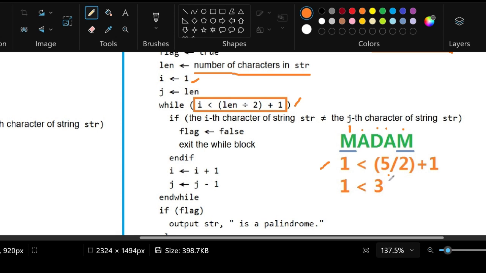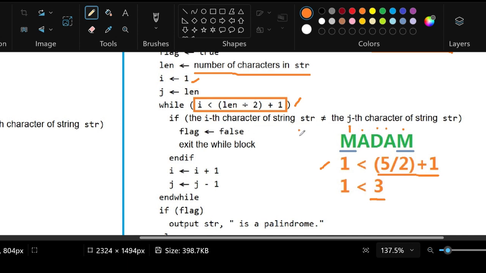There are no fractions. How many 2's are there in 5? There are only 2. But because we have a plus 1 here, that's why it'll be 3. And we know that i, currently at 1, is less than 3. And therefore, we go into the while loop.